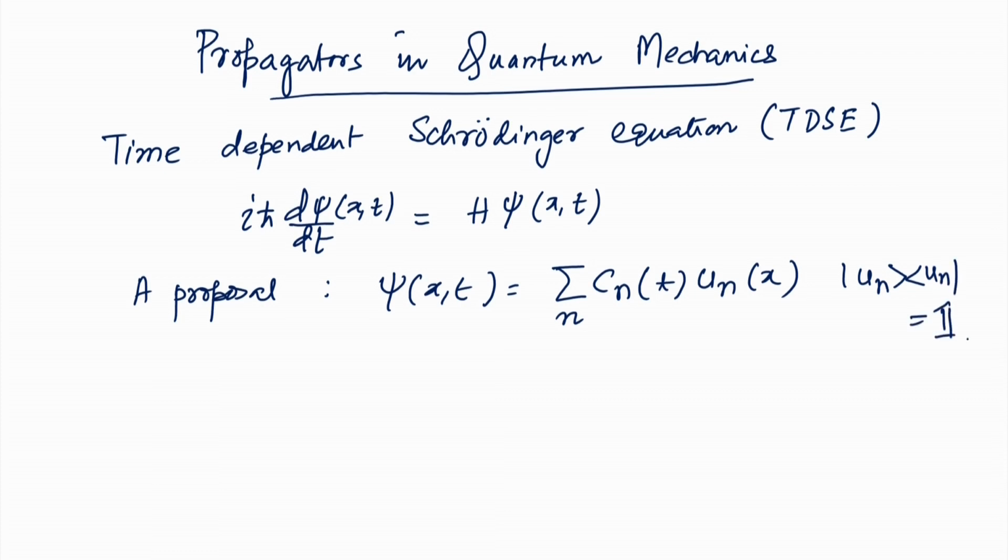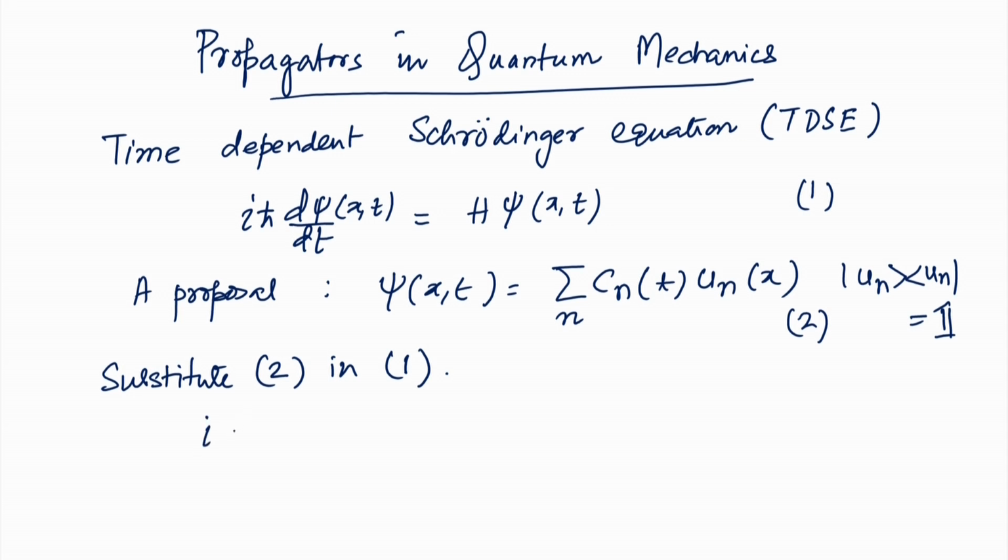relation. Okay. And if you call this equation 1 and this equation 2, if you substitute 2 in 1, one is going to have a relation which is i h cross d C_n dt equal to E_n C_n.